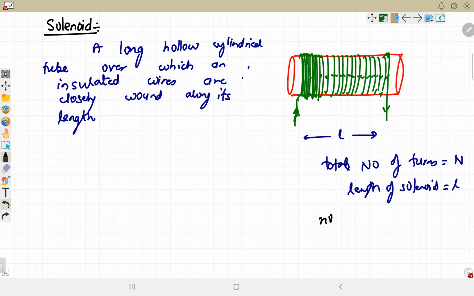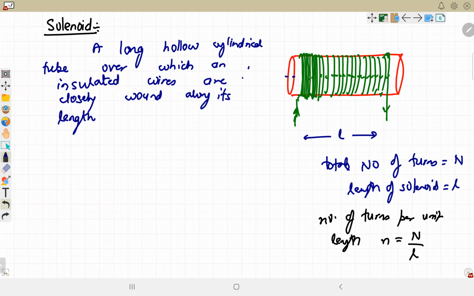Number of turns per unit length, which is denoted by small n, is capital N by L. Now, if we try to figure out the shape, whether it is symmetrical or not, only then we can decide whether we can apply Ampere's law or we have to just use the Biot-Savart law only.